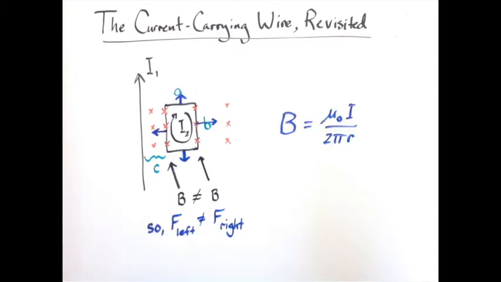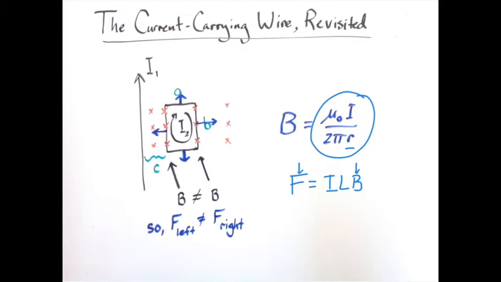And everything hinges on this idea. Since the magnetic field follows this function right here, the greater the distance, the smaller the magnetic field. And since the force is given by the equation IL cross B, if you have a smaller field, you have a smaller force.